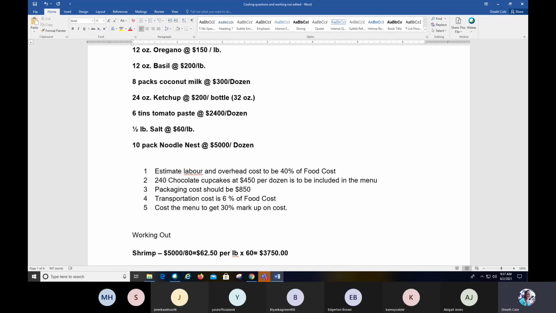So what would we look for first? We want to find the cost for what first? The cost for 1 ounce of ketchup. What do we have to do to find the cost of 1 ounce?